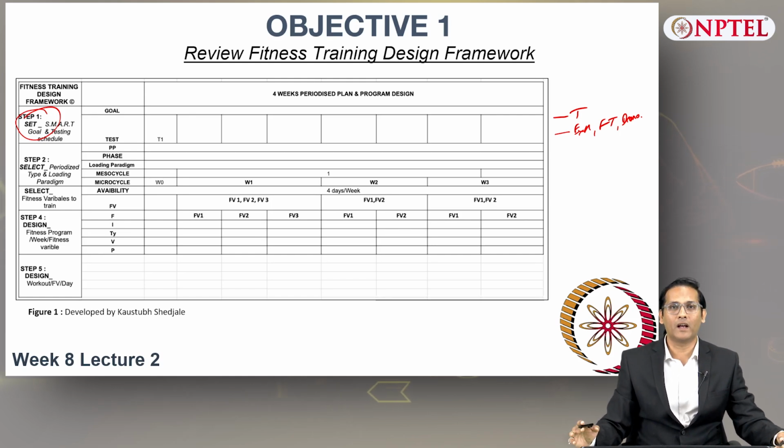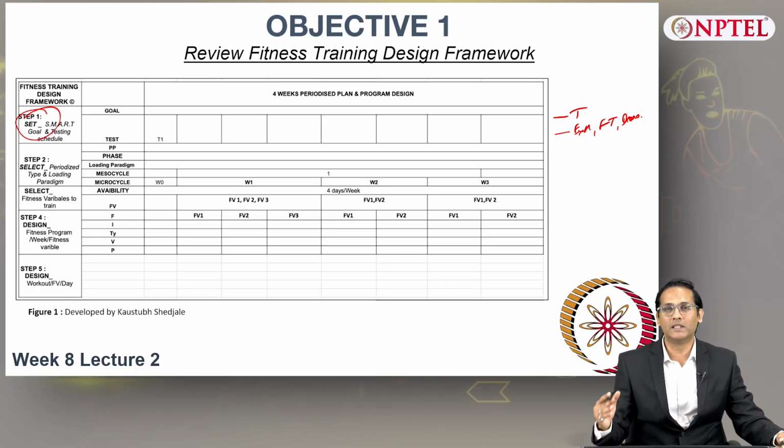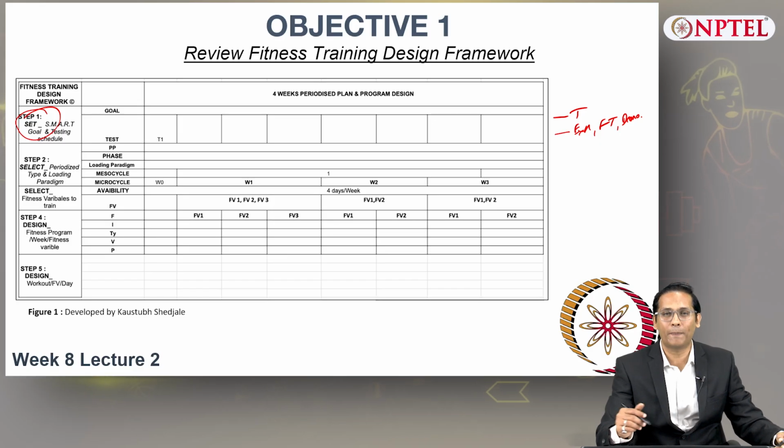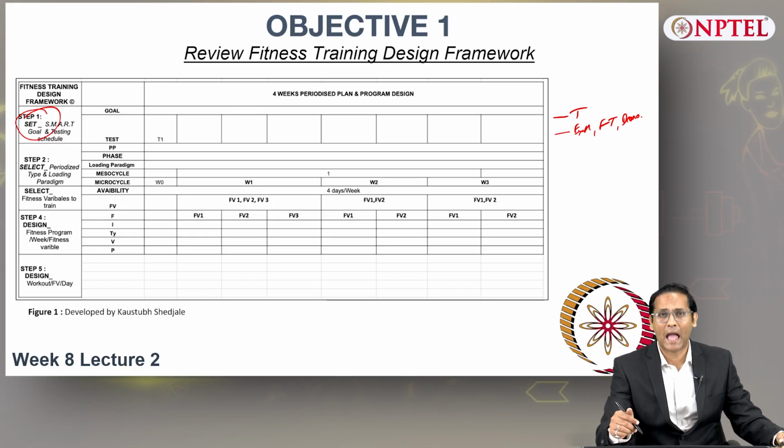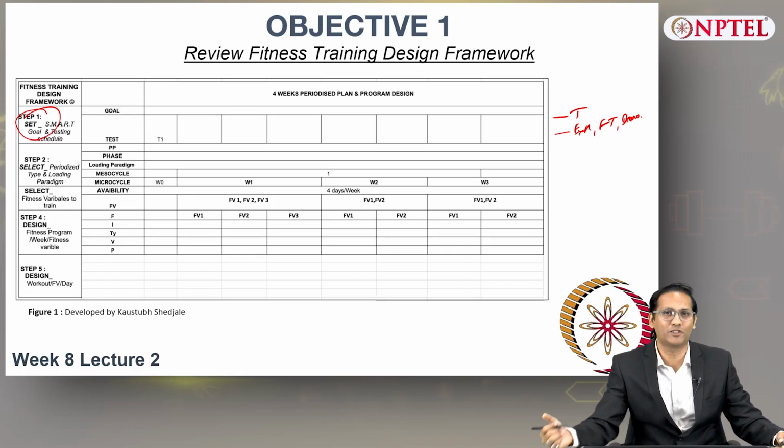Once you have set the SMART goal, now you create a periodized training and planning program. Now this is where you apply load paradigm techniques, which will help you to create the mesocycle and corresponding microcycles.